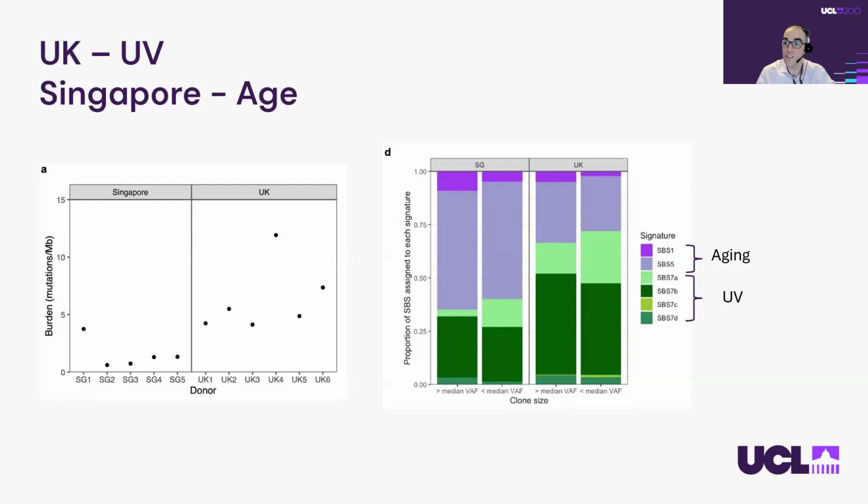These aging signatures are cell intrinsic processes that we can't avoid. In contrast, if we look at the UK data, we see more of the green signatures, SBS7, which are associated with UV exposure and UV mutation. So the UK not only has a higher mutational burden, but we're also getting more mutations from UV exposure.